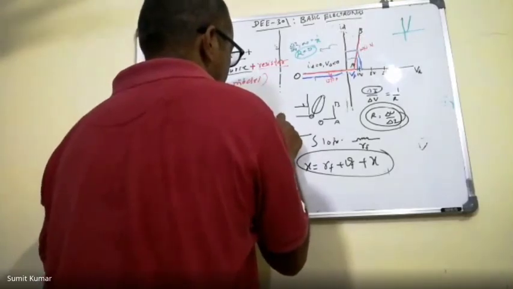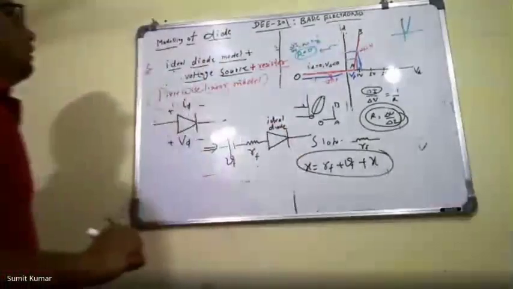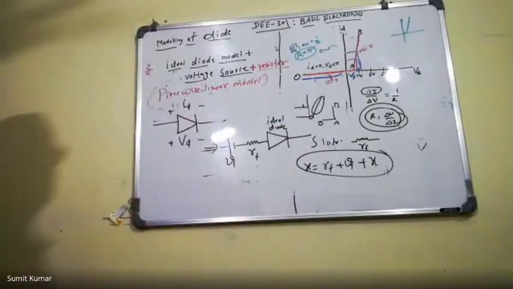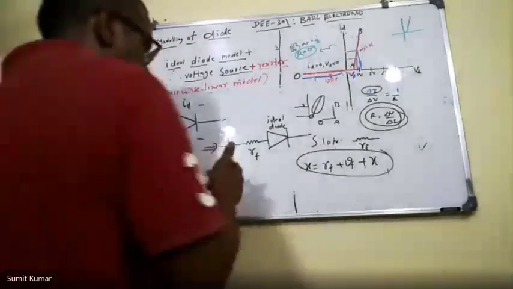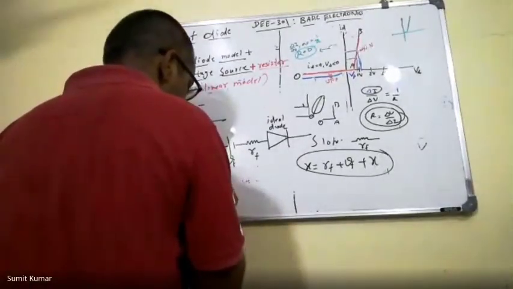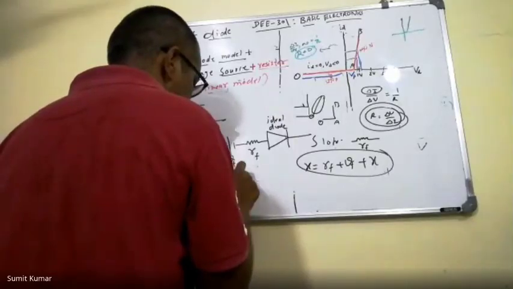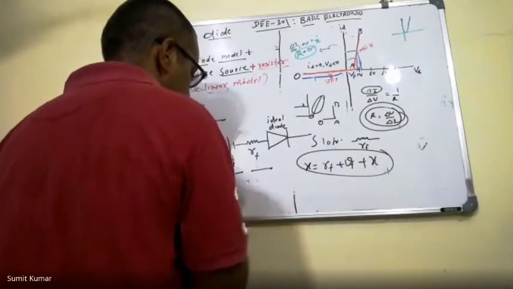So this is how we can model the third type of approximation, and this is the best approximation available for the diode. And if you want to write the on and off state for this model, then we will have to use this.